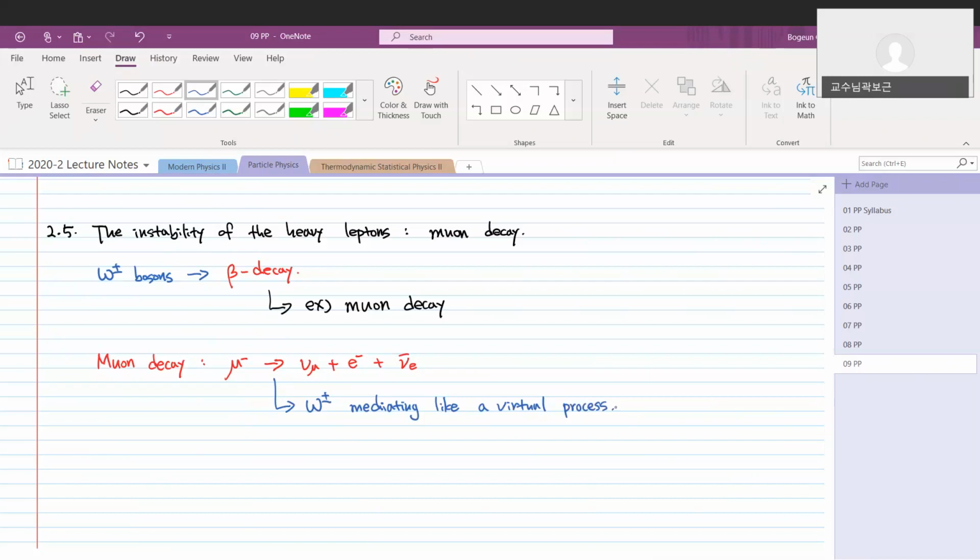And the muon has a negative charge, so after the reaction we need a negative charge, so an electron can be produced in this case. So in the muon decay, the W boson produces the electron, related to charge conservation and energy conservation.